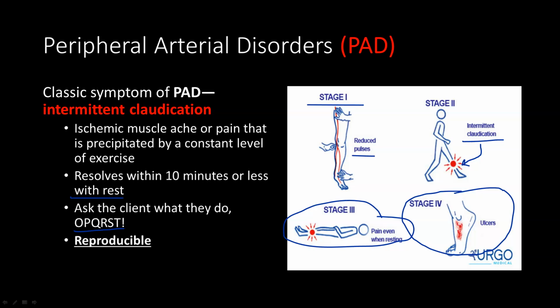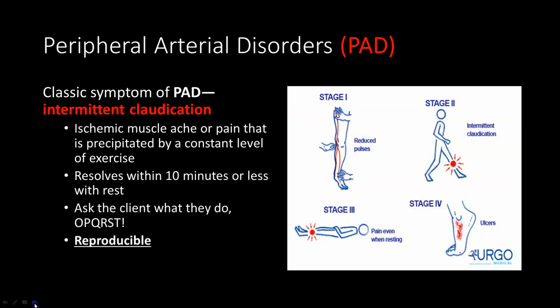You need to understand that if you're talking about intermittent claudication, it is reproducible because once they stop and rest, we said that it is precipitated by a constant level of exercise. So we know that one of the diagnostic tests that we're going to think about is an exercise stress test.